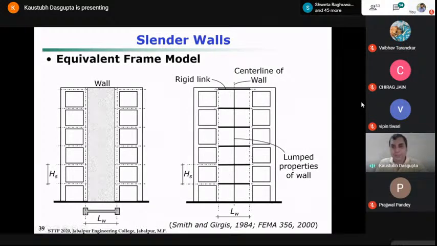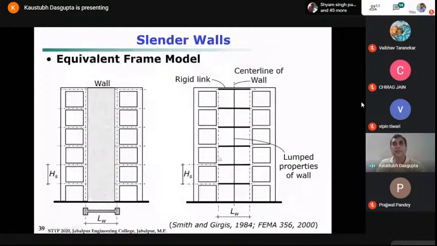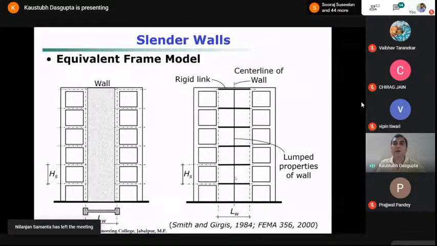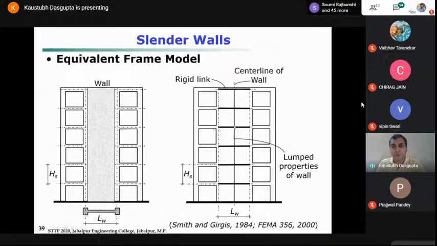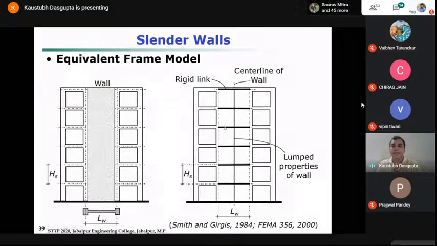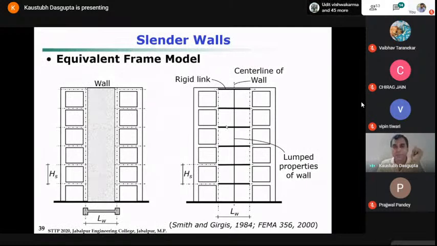So these peripheral end nodes should also follow the displacement or deformed shape of the main frame member. How do you achieve that? You connect this central frame node to the end node by means of a rigid link. Rigid link means you assign a frame member with a very high modulus of elasticity, say 1,000 times or 10 to the power 5 times that of the concrete you are assigning for the beams and all.